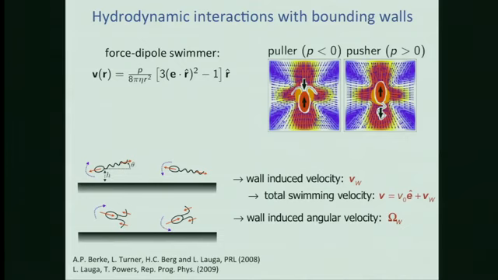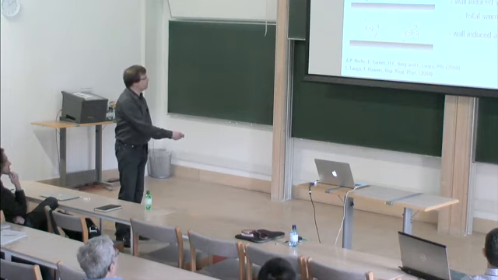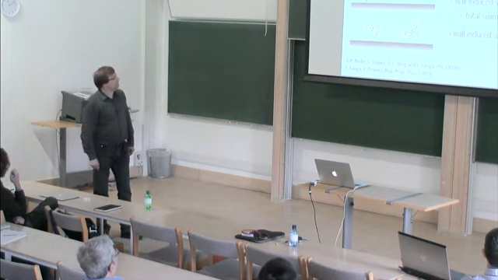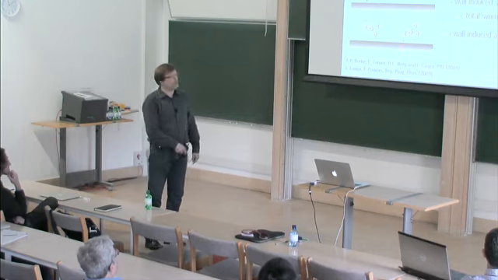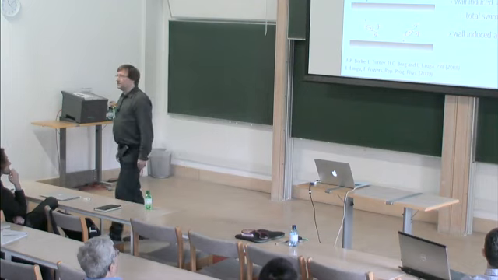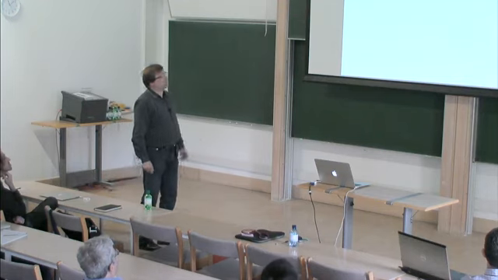And then when they come close to the wall, you have to satisfy the boundary conditions. So you have to introduce an image swimmer, as these people have done here, and from the image swimmer you get a wall-induced velocity, which you have to add to the swimming velocity, and you also get a wall-induced angular velocity.